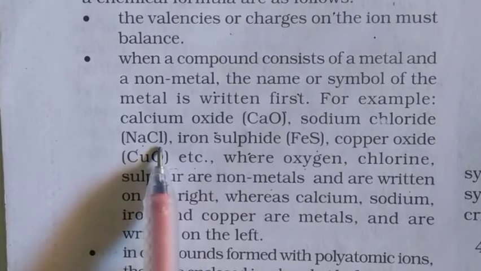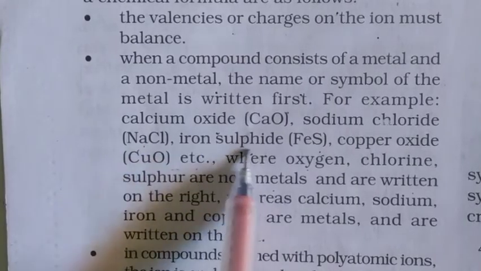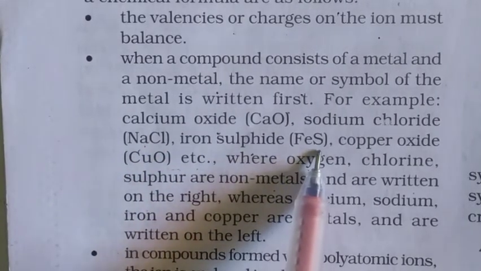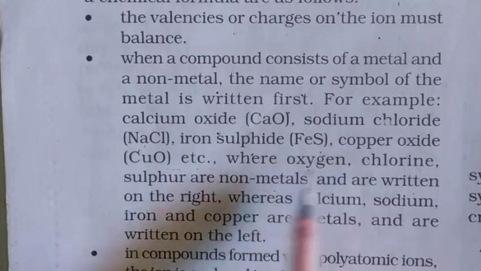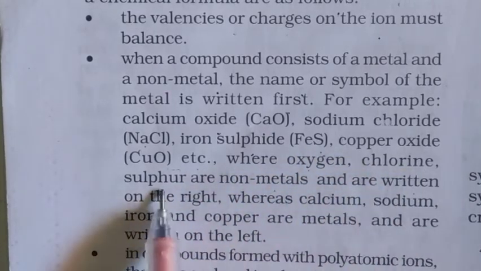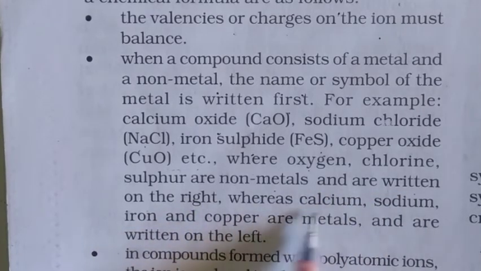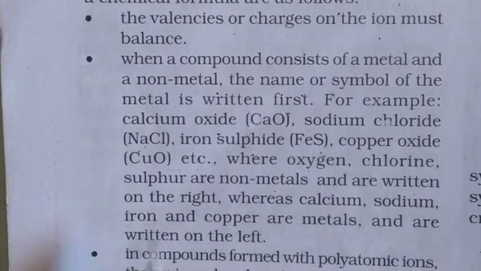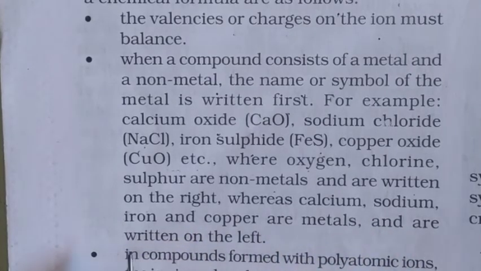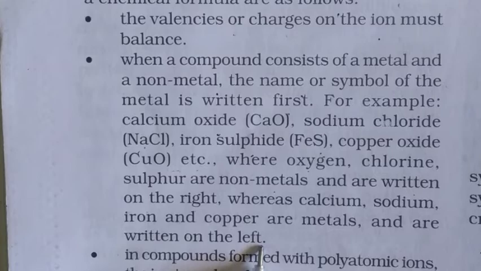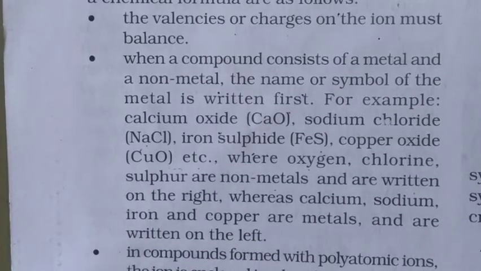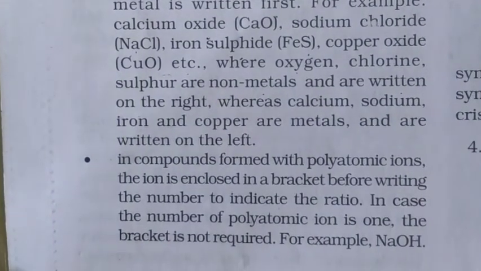Sodium is a metal, chlorine is a non-metal. Iron sulfide. Iron is a metal, sulfur is a non-metal. Oxygen, chlorine and sulfur are non-metals and are written on the right, whereas calcium, sodium, iron and copper are metals and are written on the left.